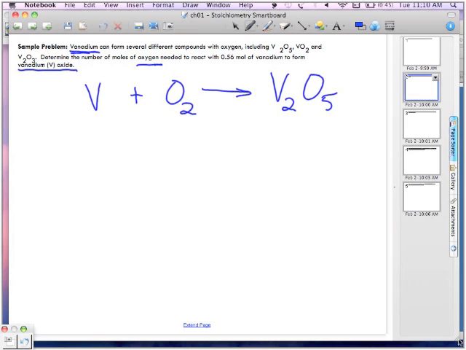Okay, now, the question is: determine the number of moles of oxygen needed. So the number of moles of oxygen needed is the X moles, right? And we are mixing it with 0.56 moles of vanadium.